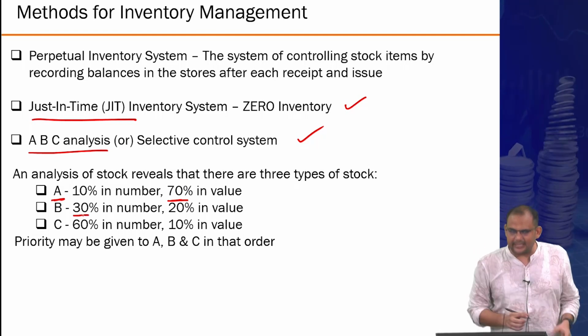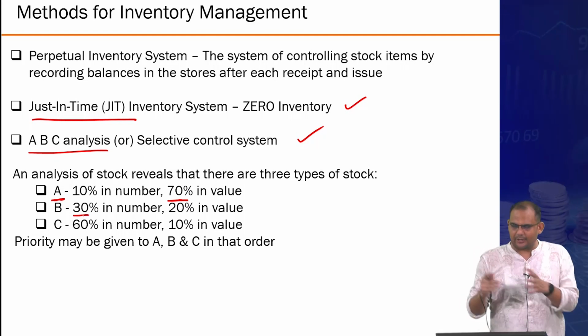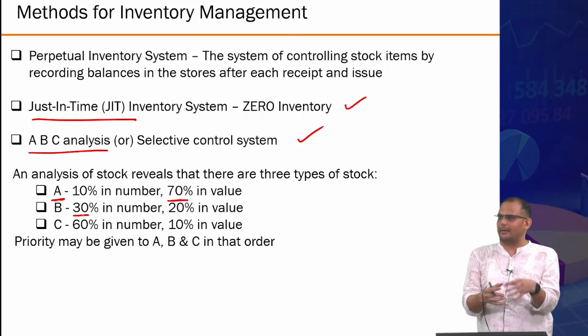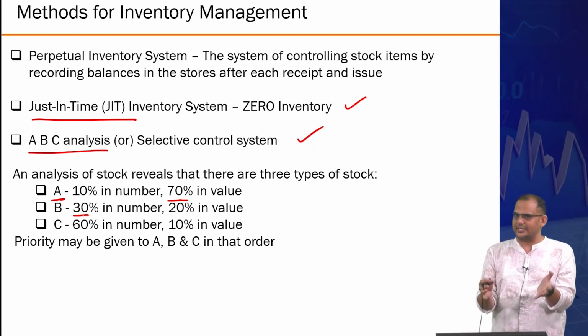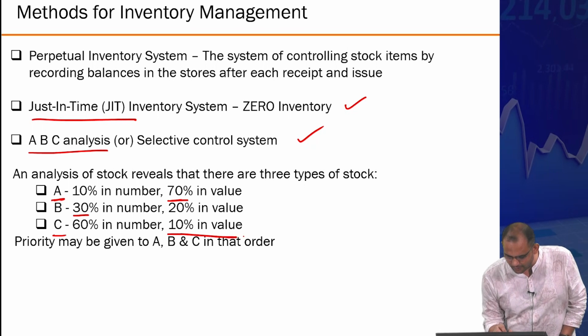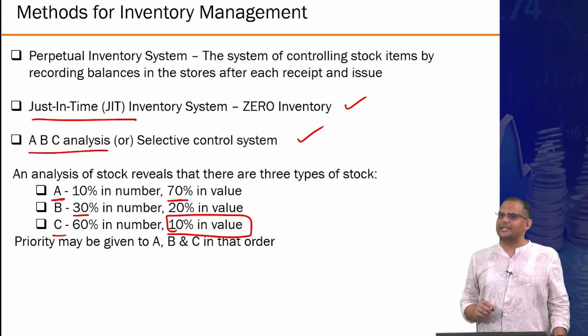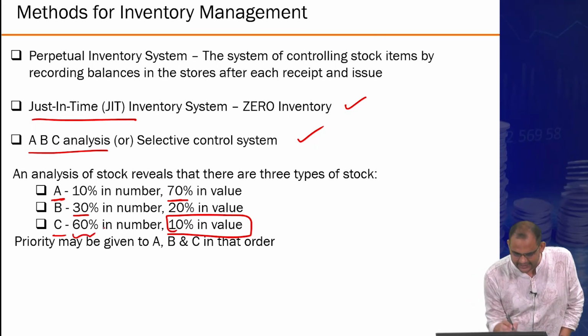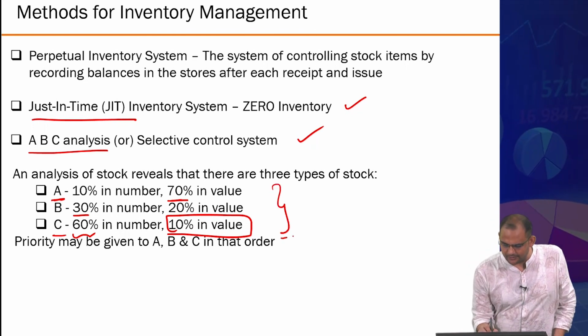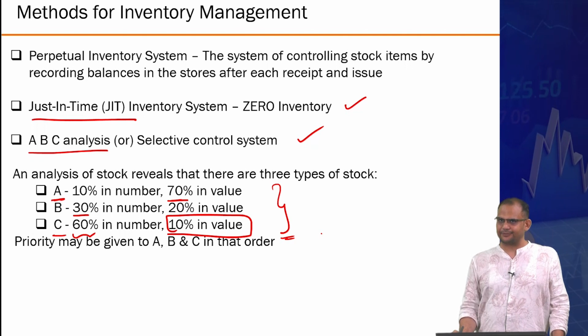Similarly, type B items contribute about 20% of the project value, but their volume constitutes about 30% of the total. And then there are type C items which overall contribute only about 10% in value, but they constitute 60% of the total number. So which one should you more carefully manage?